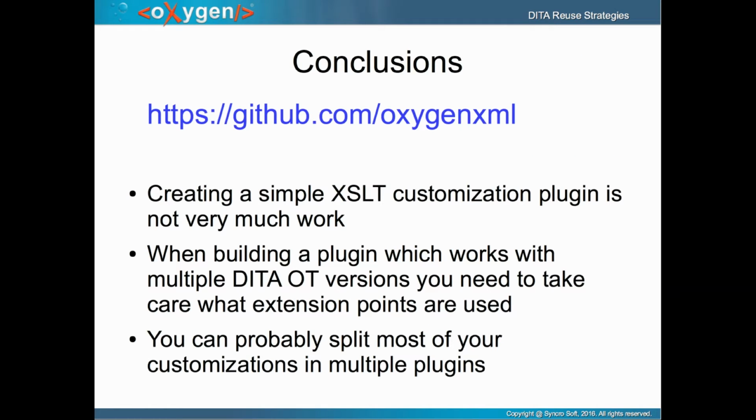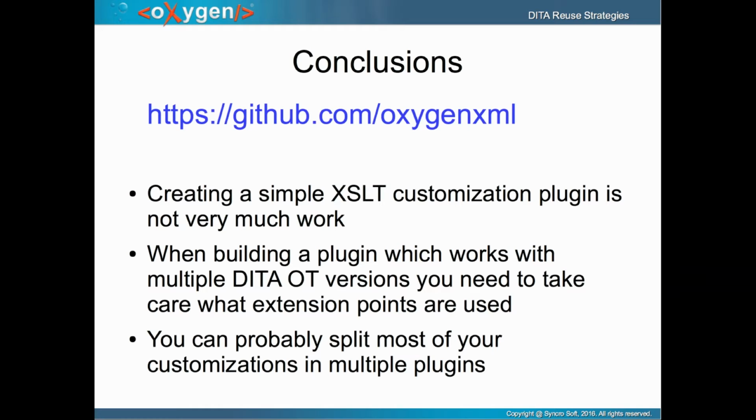So as I showed you these plugins, I also showed you how some of the plugins were constructed. A plugin which contributes a simple XSLT customization is not that hard to implement. I usually copy an existing plugin. I usually know a couple of existing small plugins, and then I copy one, and then I modify the XSLT a bit, modify the plugin ID.